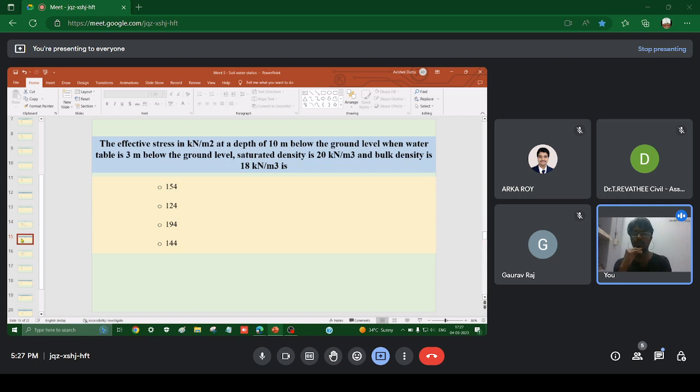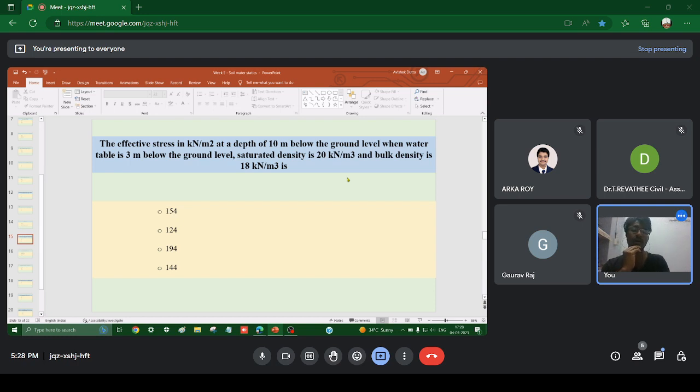The effective stress in kilonewton per meter square at a depth of 10 meter below the ground level, when water table is 3 meter below the ground level, saturated density is 20 kilonewton per meter cube and bulk density is 18 kilonewton per meter cube, is.